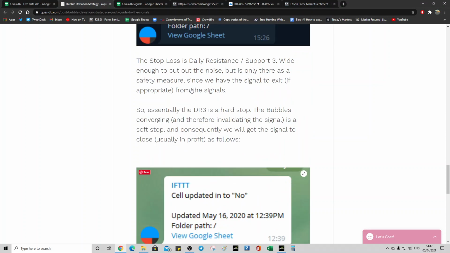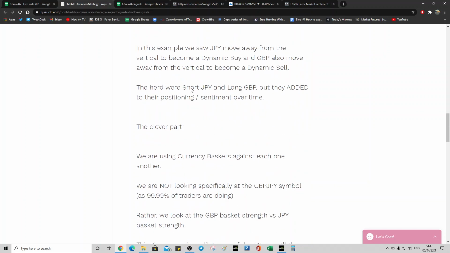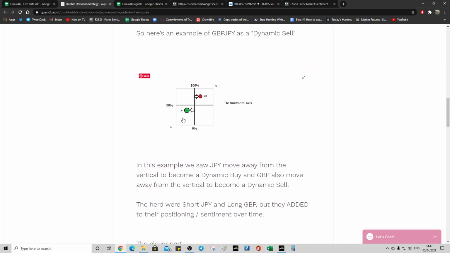So what we want from a signal perspective is we don't want to see reversals in the bubbles. We want them to add to the bias. We don't want them to cut their losses. We want them to add to their losses, and by doing so, it creates a greater signal for us.